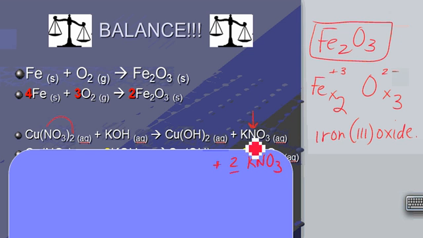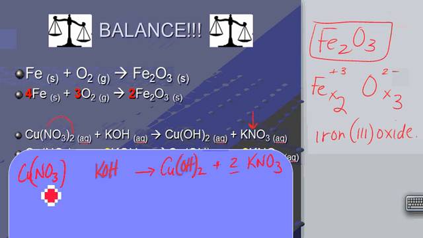Once we place a 2 in front of the KNO3, we now have our 2 nitrogen, like we have our 2 nitrogen.